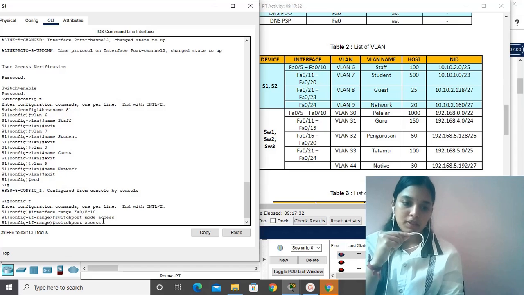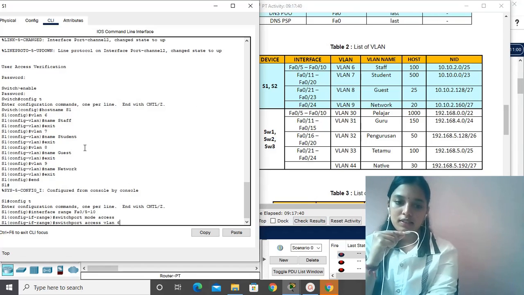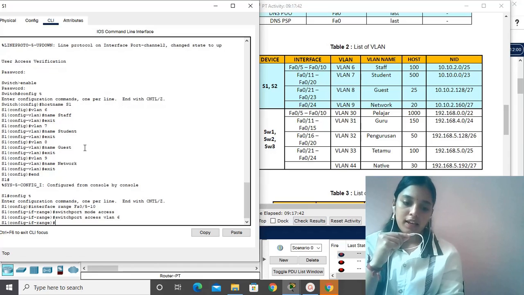The spelling must be right, if not it will be wrong. Switch port access VLAN. What VLAN is that? 6. So put 6 and exit.